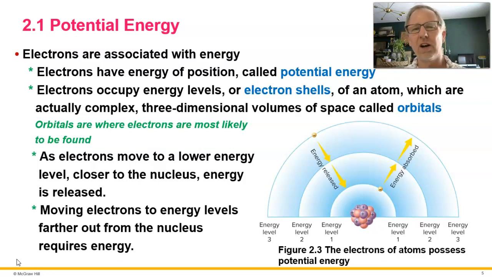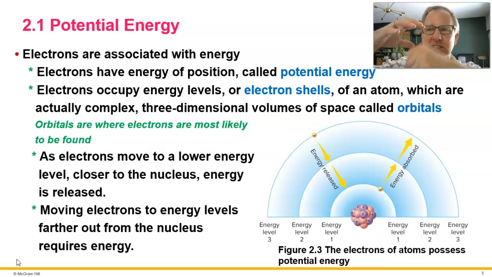Now, electrons occupy different energy levels or electron shells in an atom. Depending on which energy level, which shell the electrons are in, that determines how much energy that electron has. The farther an electron is from the nucleus of an atom, the more potential energy it has, the more energy of position, the more energy it would release if it fell towards the nucleus.